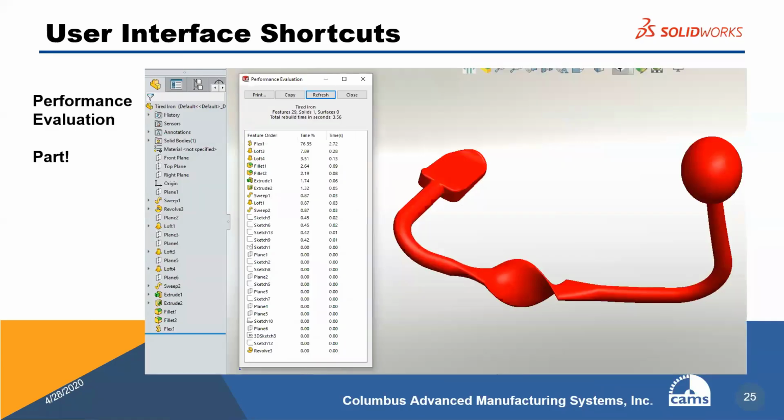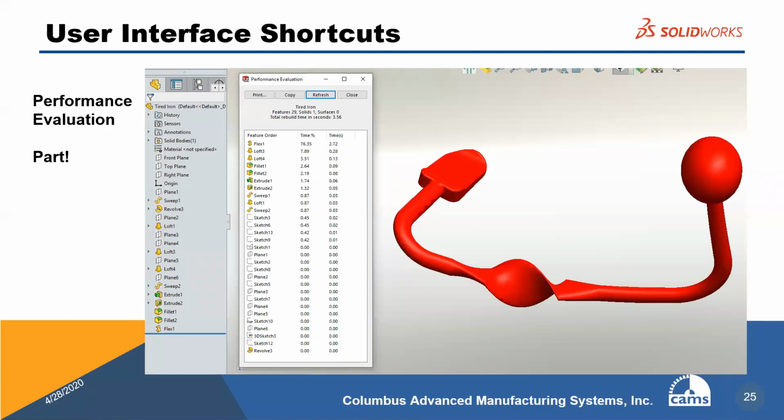And speaking of complex models, we talked about the performance evaluation tool when we talked about large assemblies to find out what's taking so long to open them up. Performance evaluation is also available at the part level too. And at the part level, it's a really handy tool to use to see just what's going on in that part and what's taking so long.